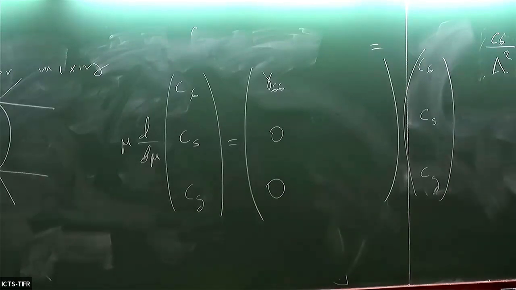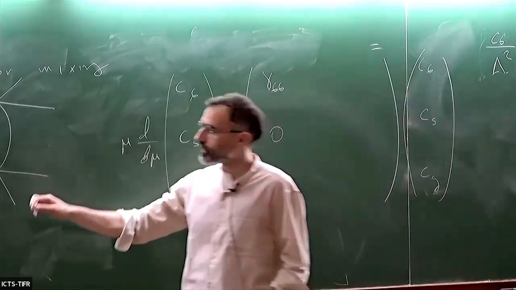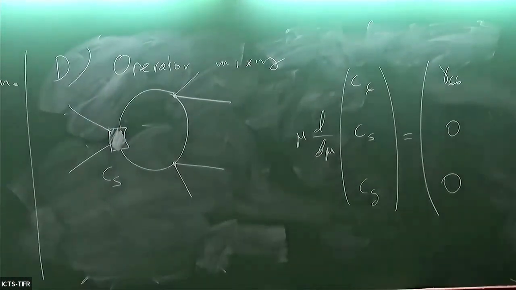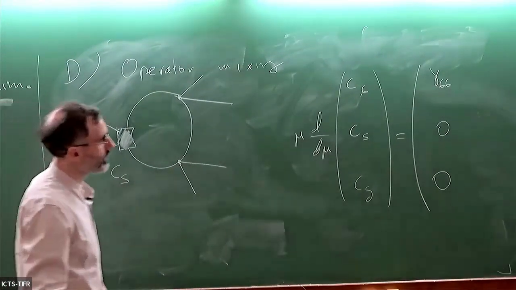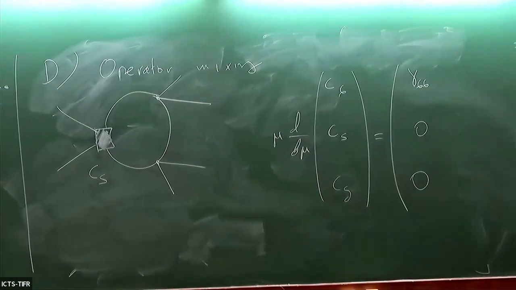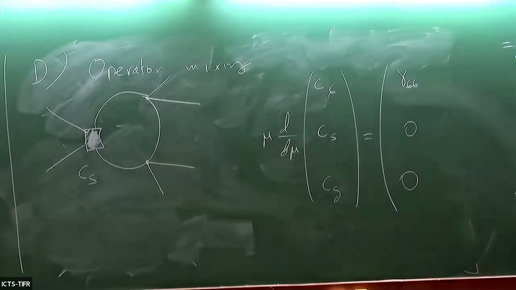There's still 6 entries left in there. Let's assume this is C6, CS. What entry would that correspond to in this matrix? It will be this one indeed.